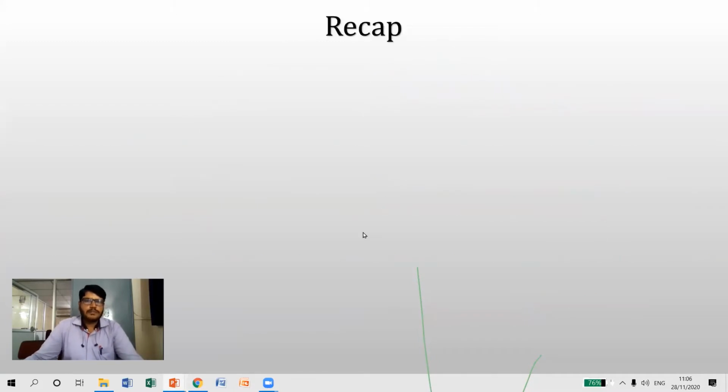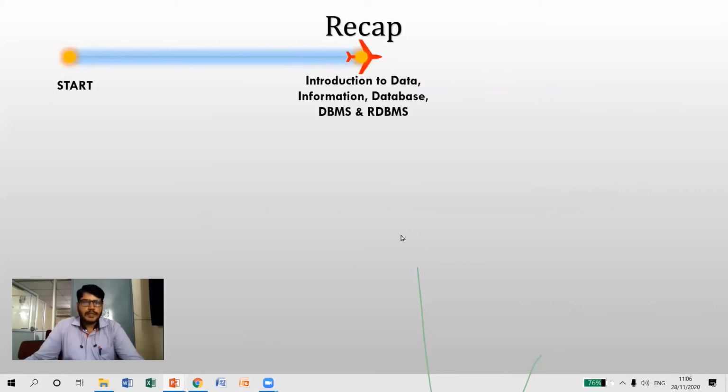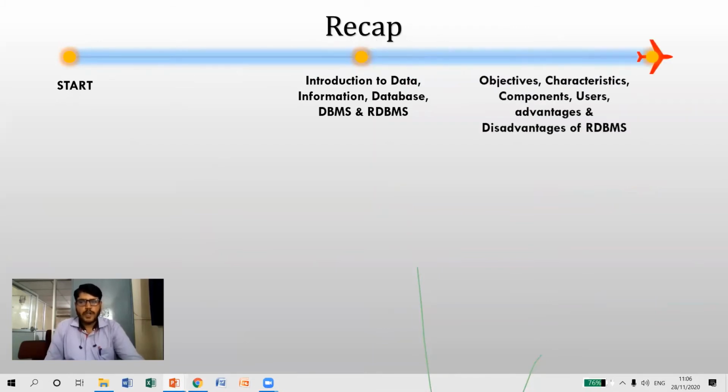Just to have a recap regarding whatever concepts were discussed in this chapter. So we started this chapter by introducing what we mean by data, information, database, DBMS, and what we mean by RDBMS. Later on, we discussed objectives, characteristics, components, different users of a DBMS, along with its advantages and disadvantages.